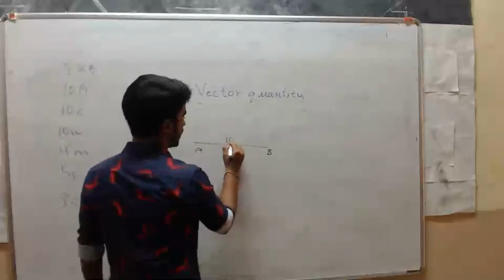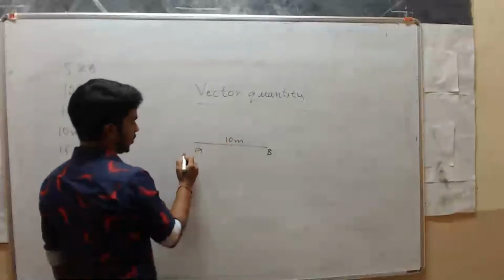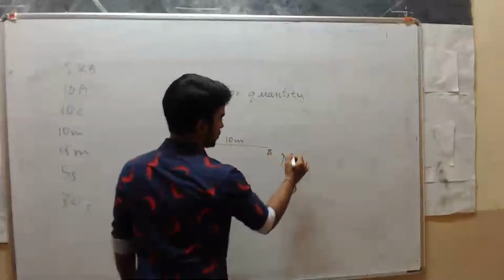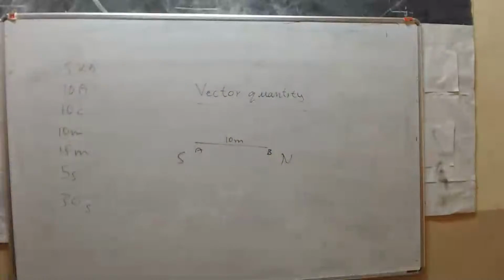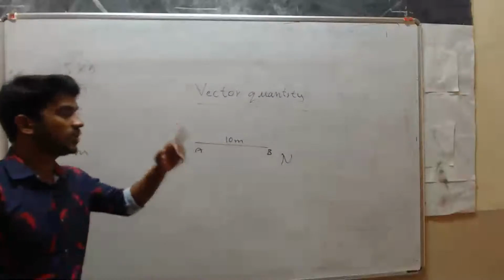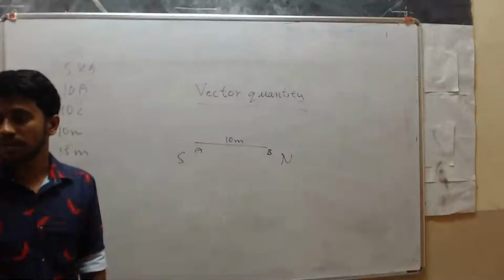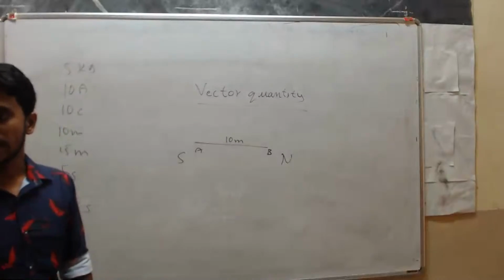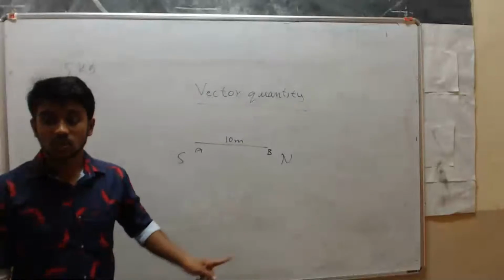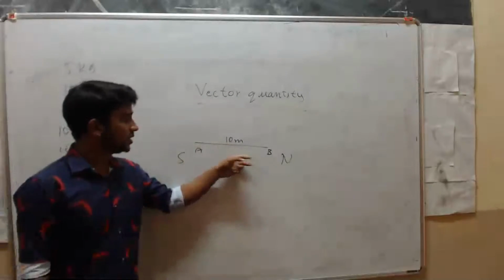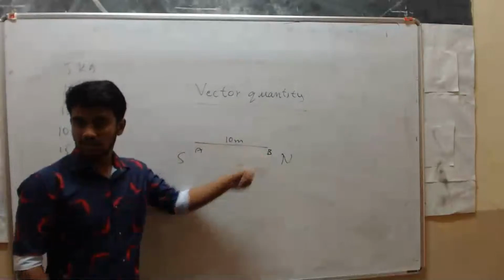See, A to B, 10 meter. Now say this point is in south and this is in north. Okay. So now I will ask, one object is traveling A to B. Now I want to calculate displacement of that object. How to calculate? Then that object should travel from A to B in this path only, right?